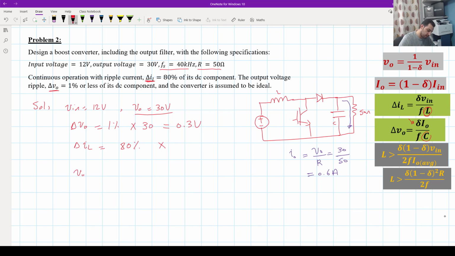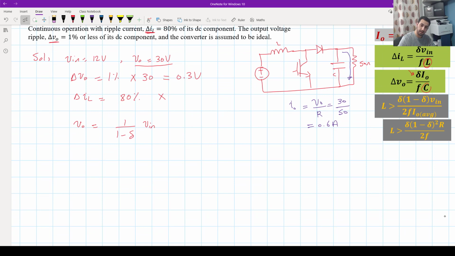We know that V output equals 1 divided by 1 minus delta multiplied by V input, okay? So let's now take delta on a side by multiplying V output multiplied by 1 minus delta equals V input, and that will give us V output minus V output delta equals V input.